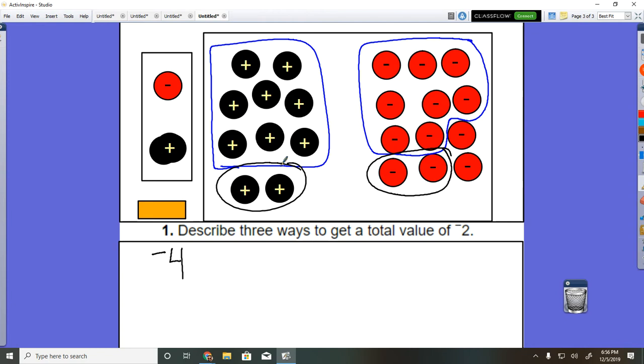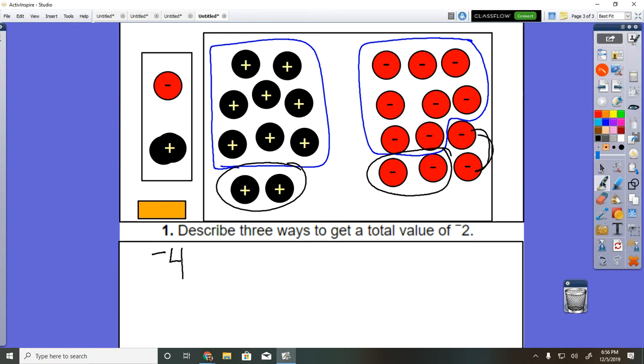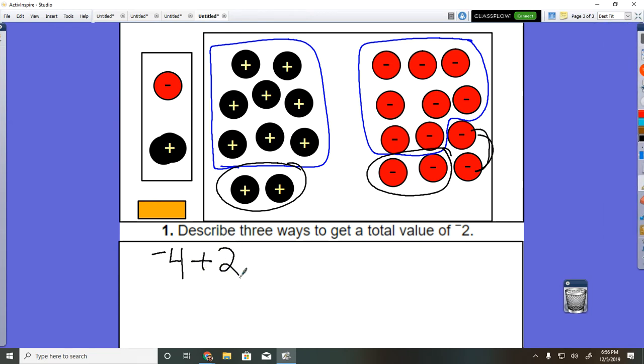That means I'm going to have a total value of -2, these 2 guys right here. So one option is to add 2 to my total chipboard. My chipboard was worth -4. If I add 2 to it, I will end up at -2.